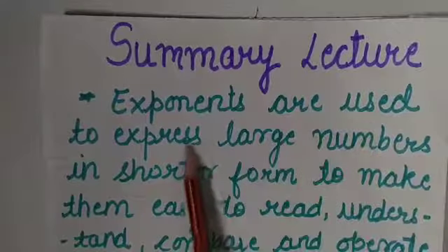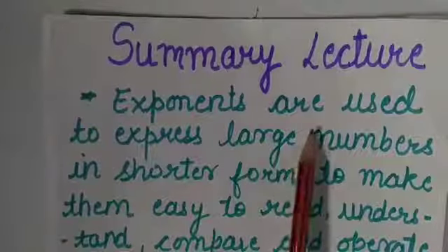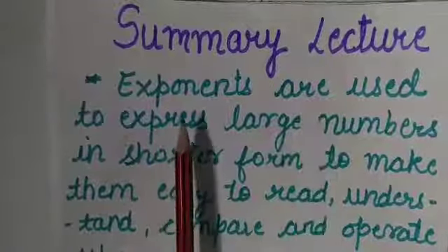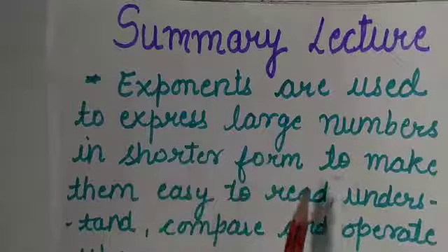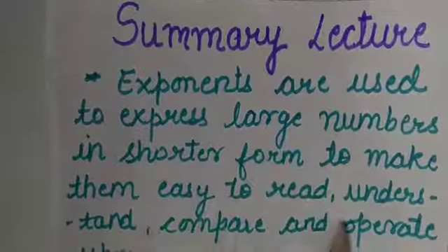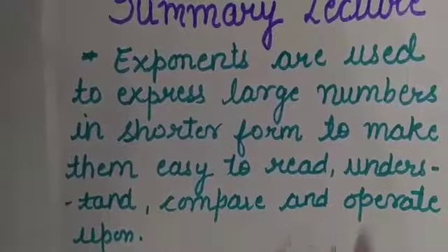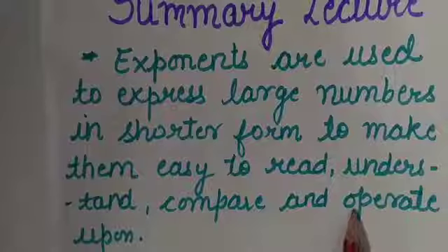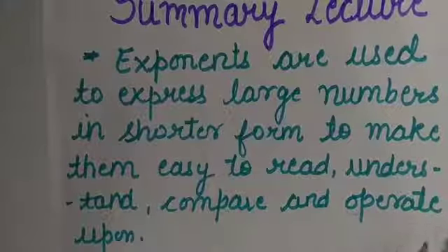In the summary, I have written important points and one by one I will explain them. First point: exponents are used to express large numbers in shorter form to make them easy to read, understand, compare and operate upon. Operate upon means we can do any operation easily, multiplication, addition, subtraction.